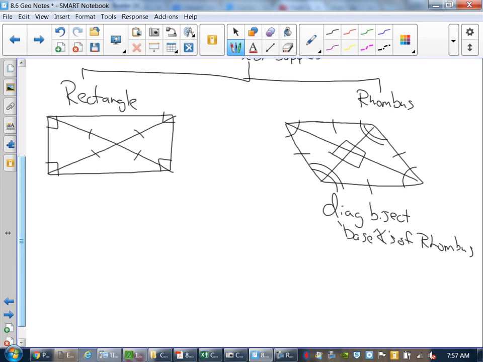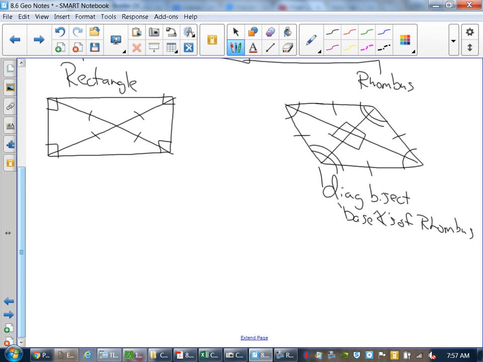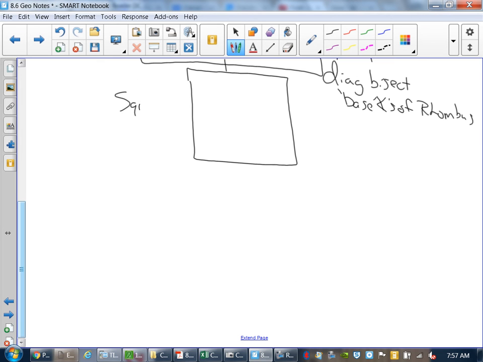So it's almost. And then the offshoot of the rectangle and the rhombus is the most specific one that we've looked at, which is the square. Remember that the square has everything from above it.